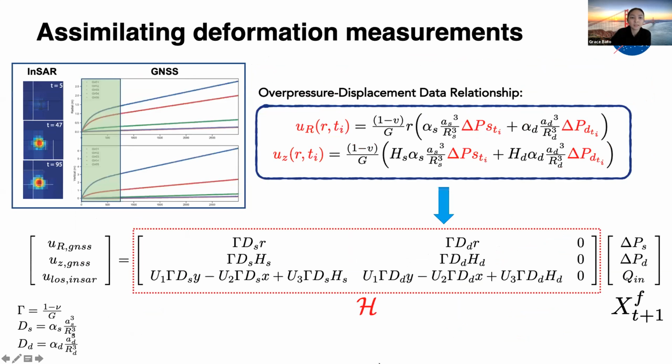And this one is the equation for the overpressure-displacement data relationship. So UR is radial displacement, UZ is vertical displacement. And again, I just rewrote it in a matrix form. And this one is H. So this is your observation operator, the operator that links your state vector to your data. So I just added a term for the line of sight displacement for InSAR here. That's why you have this third line.